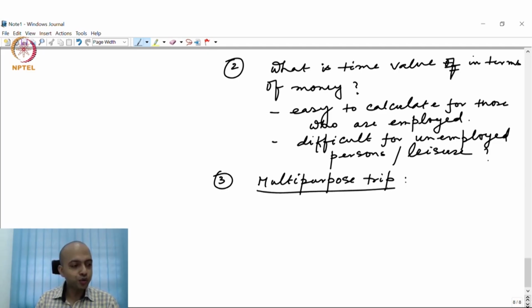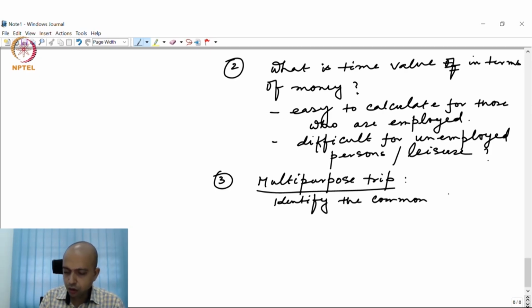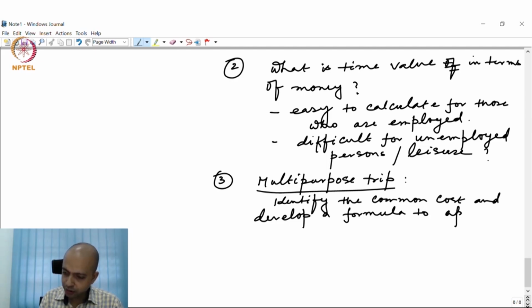So we need to identify the common cost and develop a formula to apportion that.